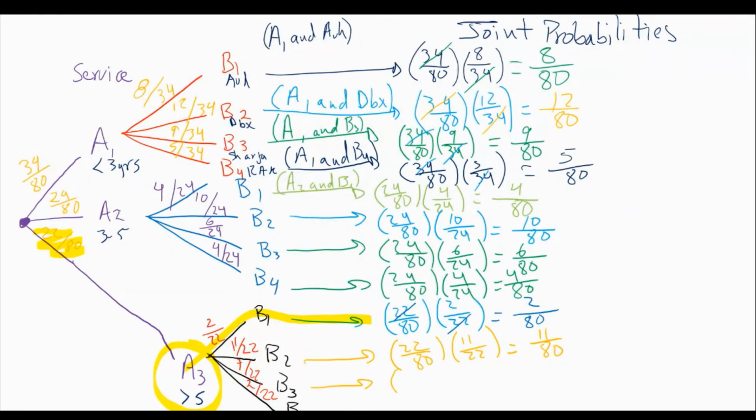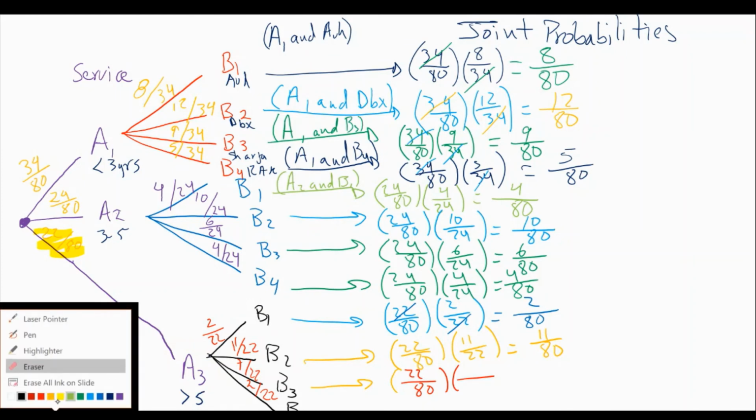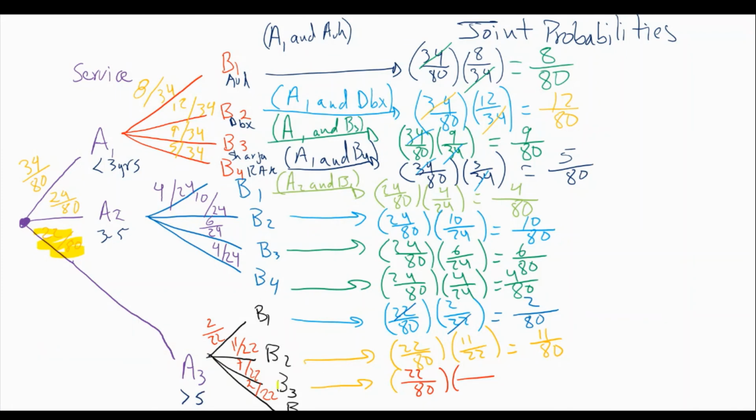Next one, let me change the color here. This is 22 divided by 80 times, second one is, I'm sorry, I'm on the third one. Let me highlight it because we have a lot of information now. So I'm looking at the third one. Yeah, it's this one right here.